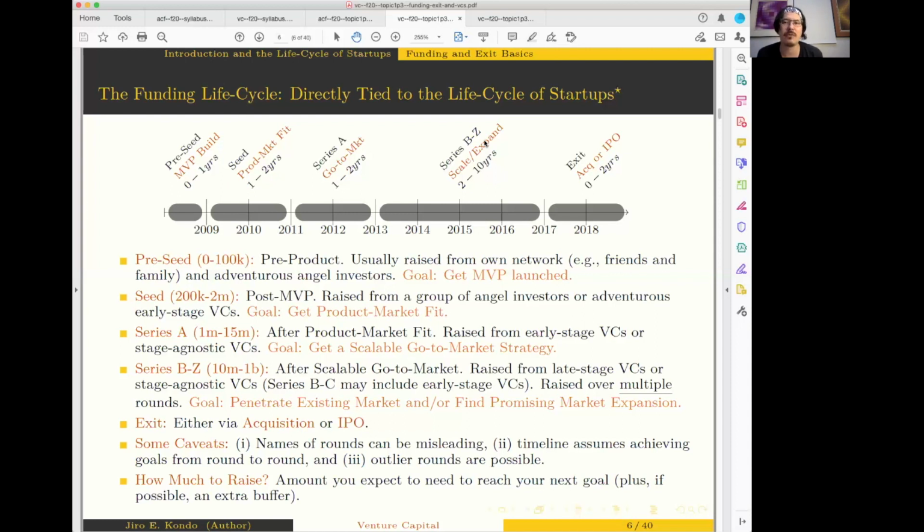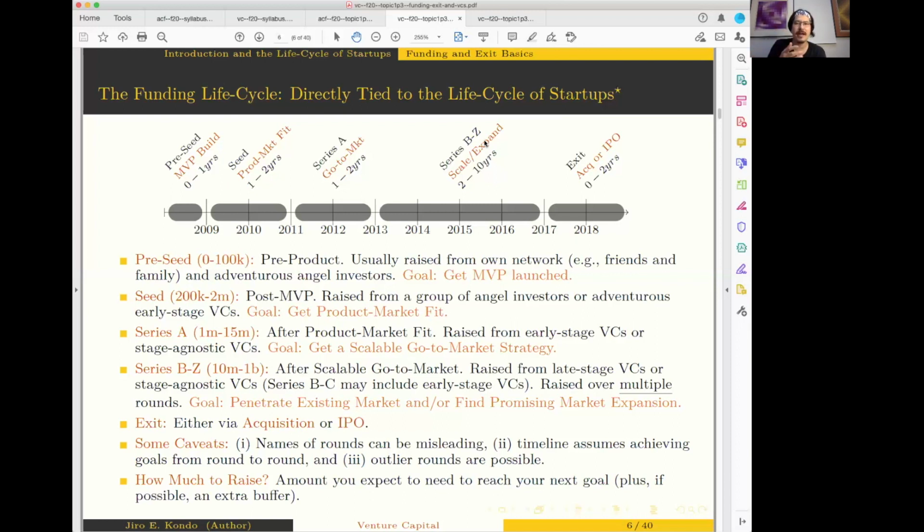And you will also have what we call stage agnostic VCs, because there's differences across different VCs. Some VCs specialize in early stage, some VCs specialize in later stage, and some invest across the spectrum. When they're investing across the spectrum, they will be called stage agnostic. So let me maybe give some examples.